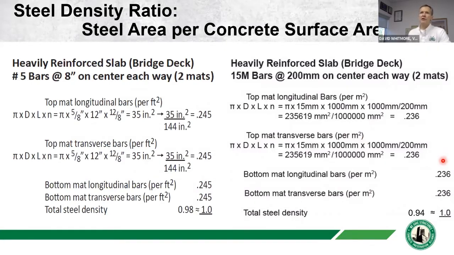And we do the same calculation for the longitudinal bars in the bottom mat, and then for the transverse bars in the bottom mat. Then we add all of those together, we get 0.94, and I just rounded it off to a steel density of 1 square meter of steel for every square meter of concrete surface area. And we're talking about steel surface area, not steel cross-section area here.